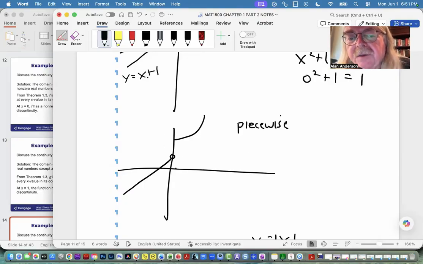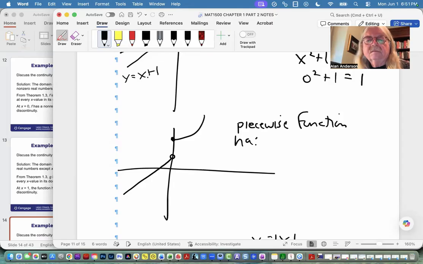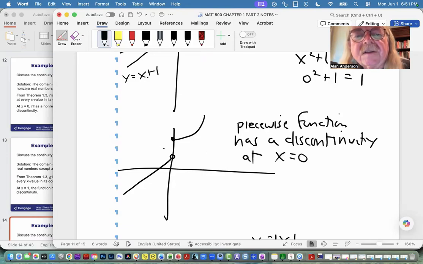It's discontinuous at x equals 0 because the value is different in the two regions.